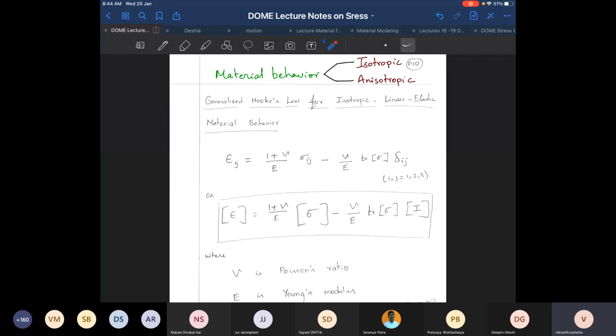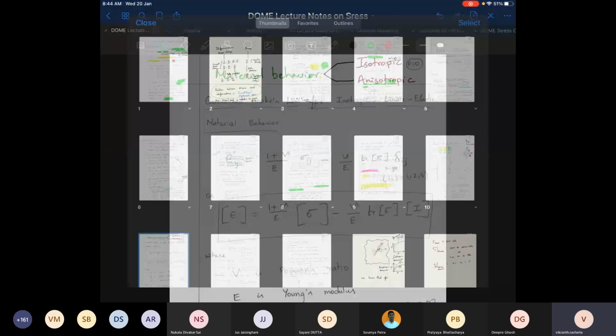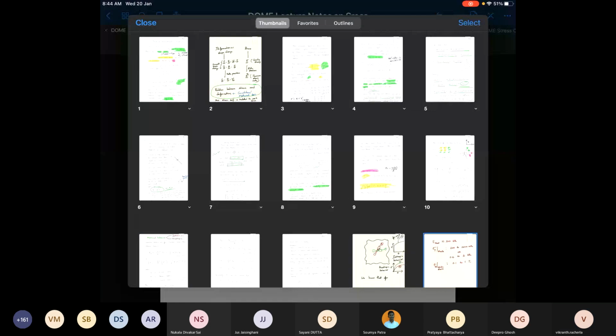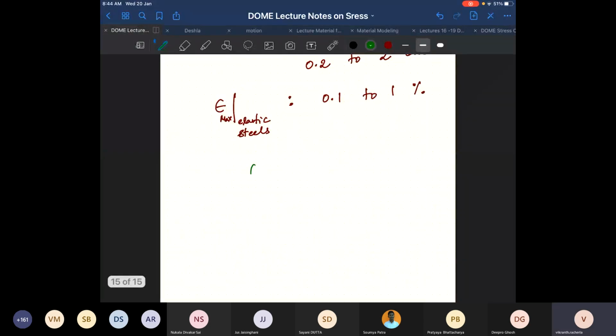Now in general, if you look at the relation between stress and strain, stress and strain are second order tensors, and I had told you, in general, stress will be related to strain through something like this, where this is the modulus tensor.